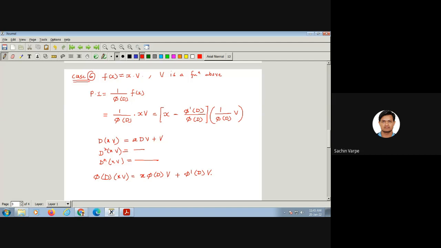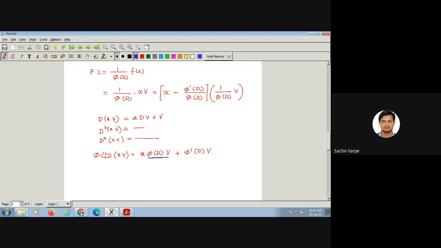Okay. So by taking this phi of d, if we denote it separately, suppose we call it v1, then we will be getting x into v1 plus phi dash of d into v.